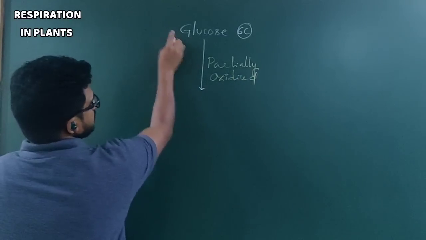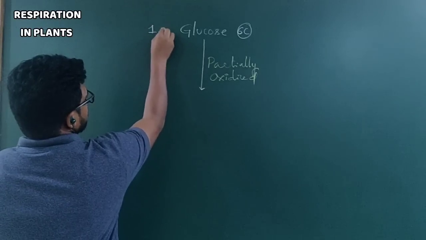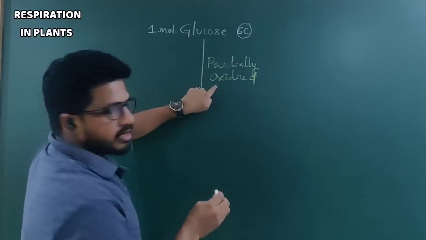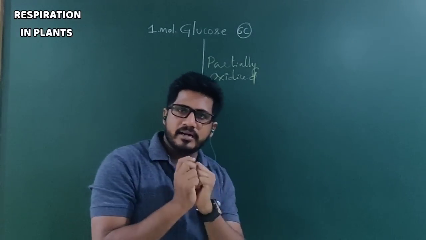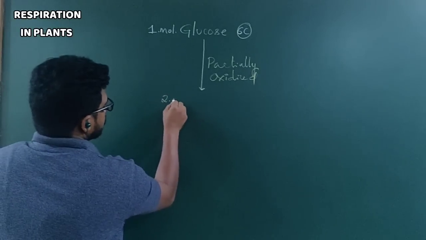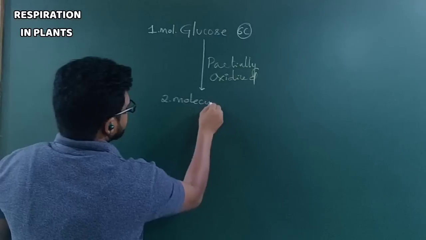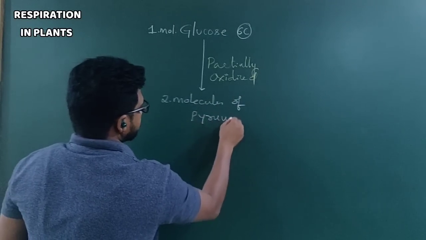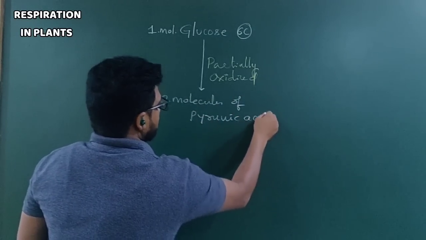Result: this glucose, 1 molecule, is partially oxidized by 10 reactions, and a number of enzymes are involved, and it provides 2 molecules of pyruvic acid.